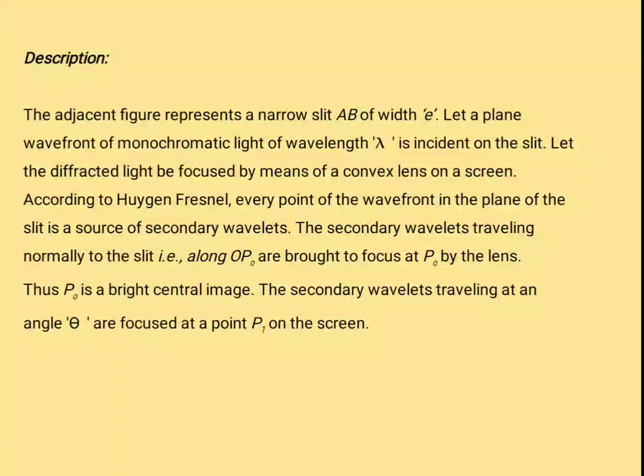As we already discussed in the definition of diffraction, the superimposition of each and every point of the secondary wavelets creates diffraction. The same way here, after the slit, the light rays create secondary wavelets. These secondary wavelets are traveling in the direction of OP or brought to focus at P0.